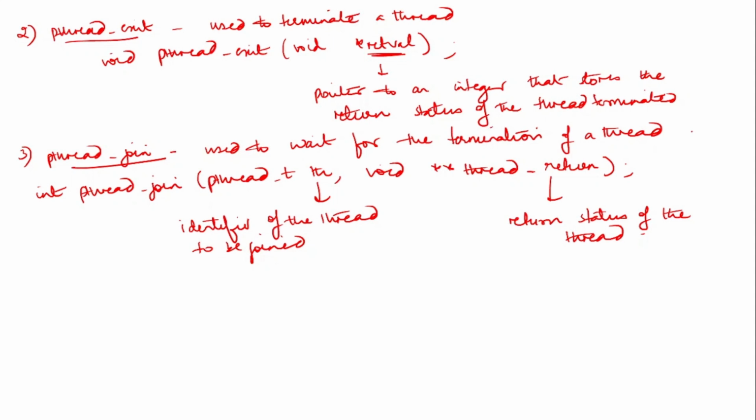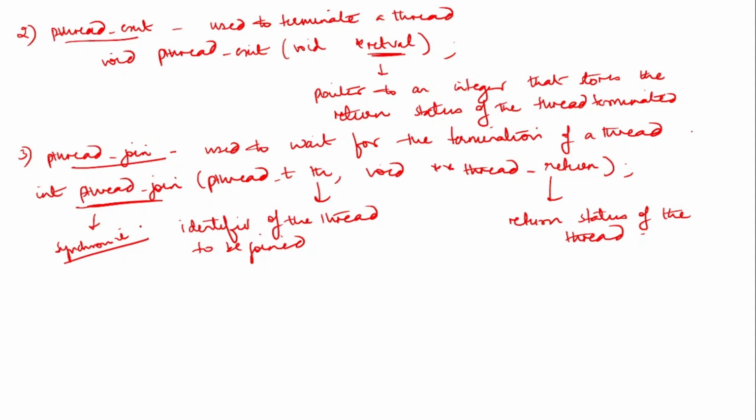If the main thread terminates before it, the new thread will continue to execute until it has completed its execution. So to synchronize the termination of the new thread with the main thread, we can join these two threads with the help of the pthread_join function. As soon as we join the newly created thread, this will cause the main thread to block until the newly created thread completes its execution.